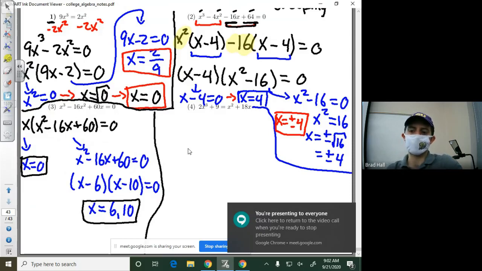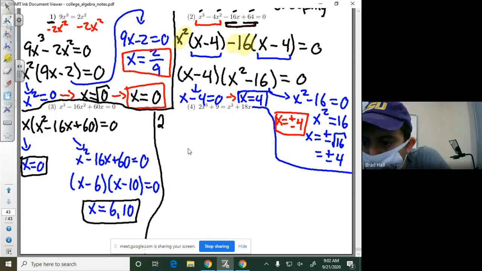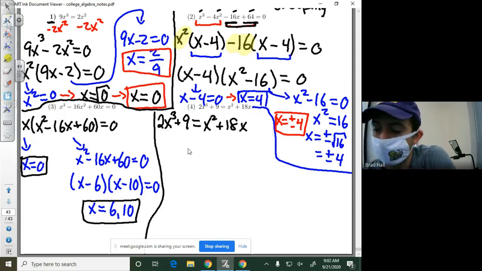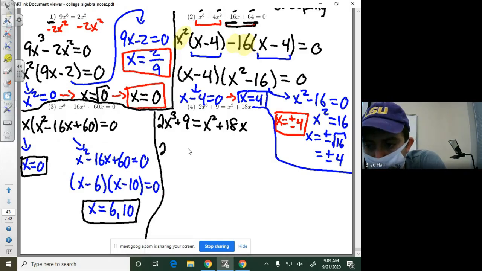And we can go ahead and move on to problem 4 here. So I'll just rewrite it. It's a little cut off there. If anything, we want all of this equal to 0, as it'll be helpful with factoring later on. So I'm going to move the x squared over.